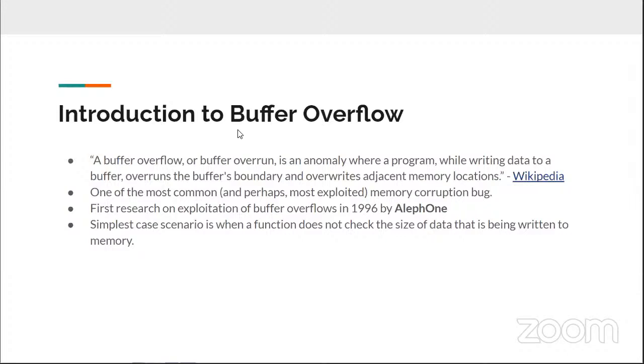Buffer overflows are probably the most common or the most exploited memory corruption bugs out there, though it has been changing because of various different memory exploit mitigations. We are going to have a look at different exploit mitigations.